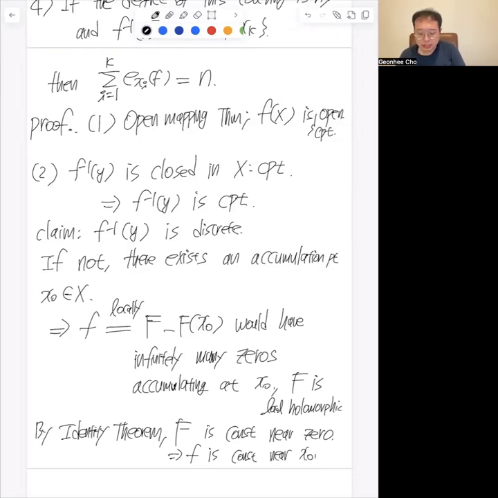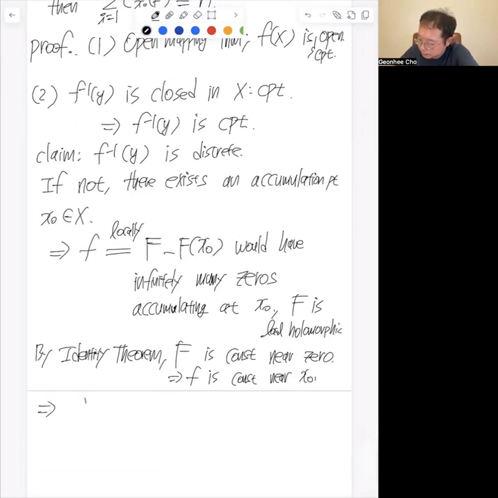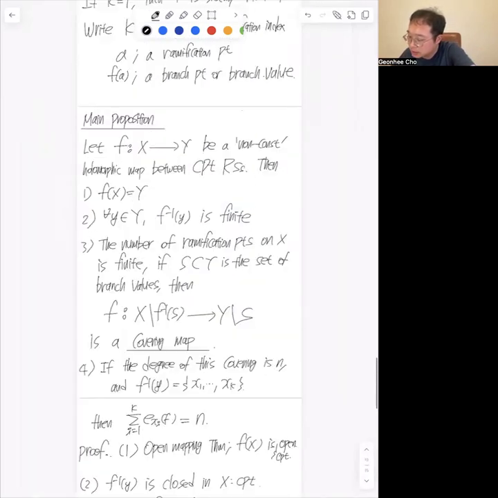Once we get this, by connectedness and analytic continuation, expanding this open set, f must be constant everywhere. That contradicts the assumption that the given holomorphic function is non-constant.